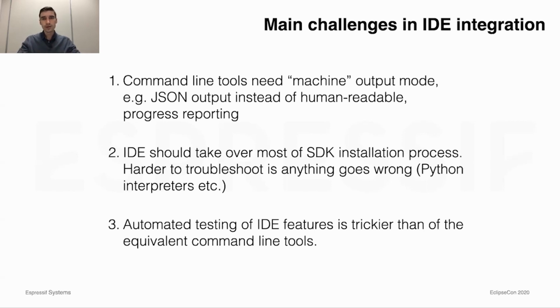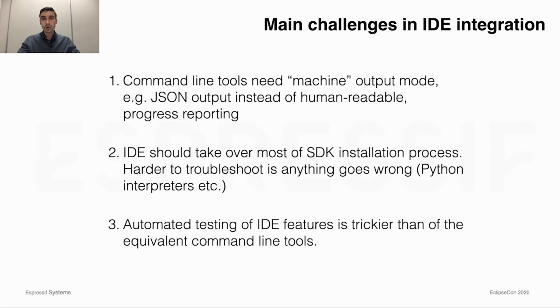The IDE plugin takes over many of these steps, but at the same time, users get less visibility into the underlying process, and it is harder for them and for us to troubleshoot if anything goes wrong. So when an IDE or an installer attempts to set everything up, expectations are higher, and we need to be mindful about collecting enough information, enough logs and data about the system, so that in case anything goes wrong, we can find the reason.